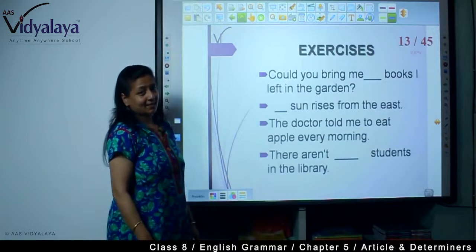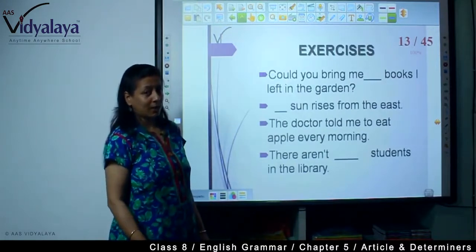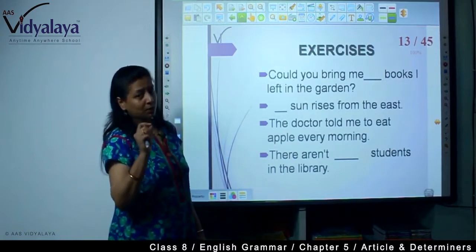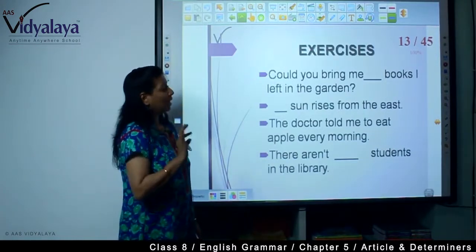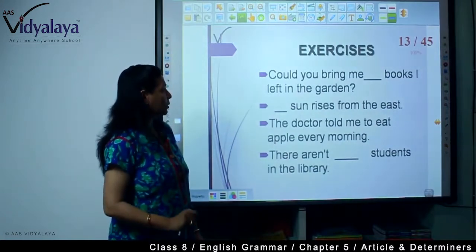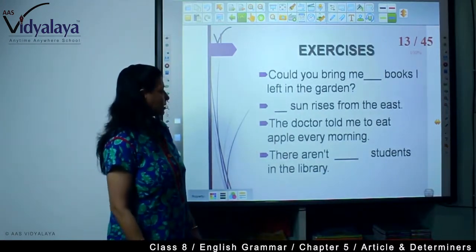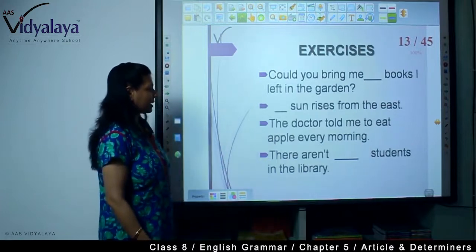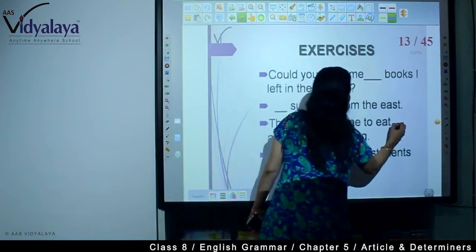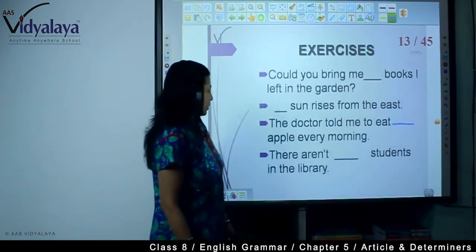Now, these are the exercises. You will have to do it on your own. The answer is there, but please try to do it on your own. A list is there. You will have to fill in the determiners. Could you bring me dash books I left in the garden? Dash sun rises from the east. The doctor told me to eat dash apple every morning.